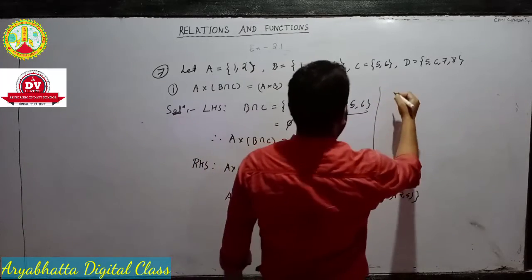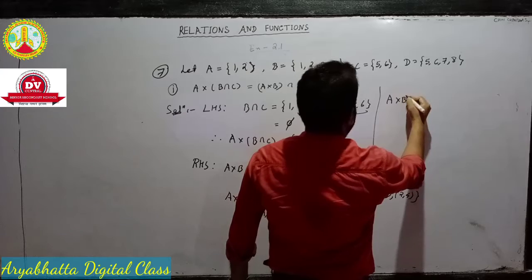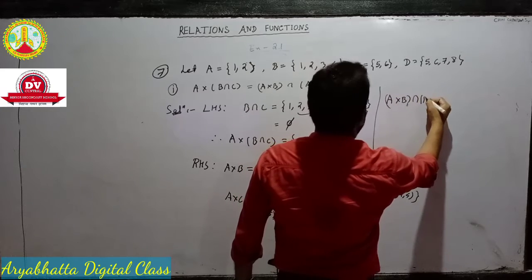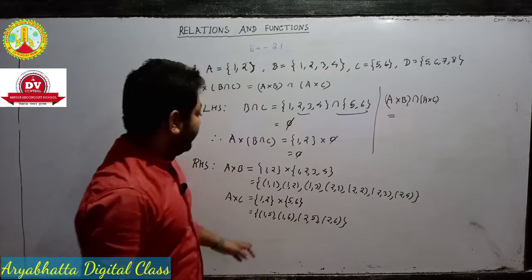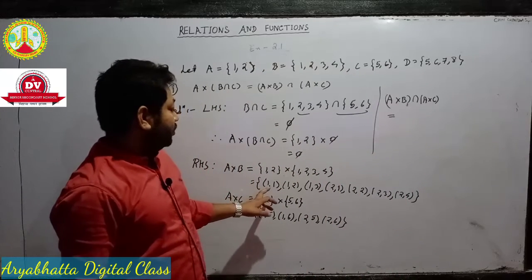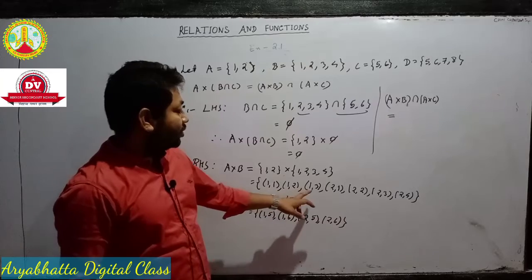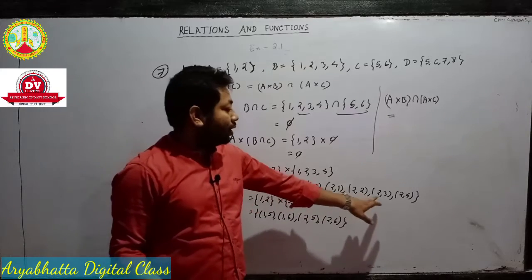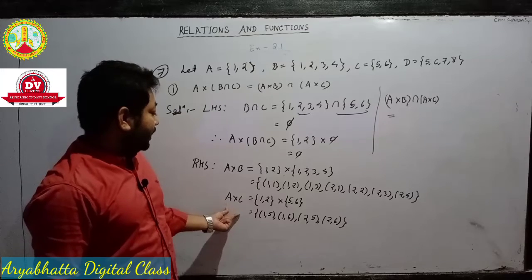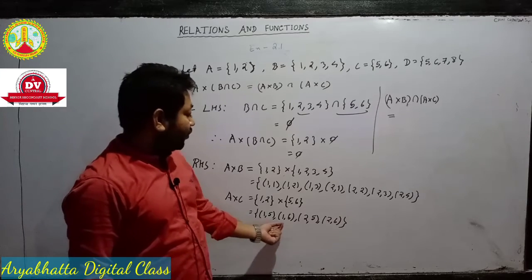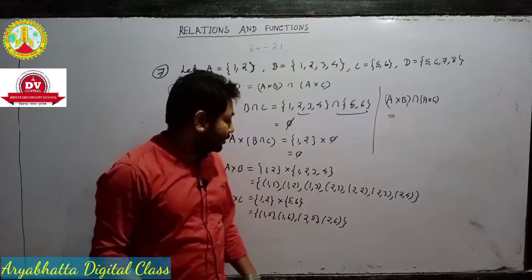Next we will find (A cross B) intersection (A cross C). The elements of A cross B are (1, 1), (1, 2), (1, 3), (1, 4), (2, 1), (2, 2), (2, 3), (2, 4). The elements of the set A cross C are (1, 5), (1, 6), (2, 5), (2, 6).